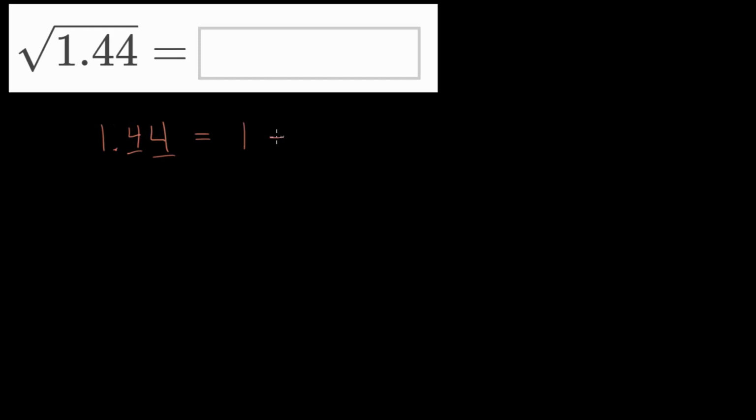We can write that as 1 plus 44 over 100, or we can even combine the 1 into this fraction, since we effectively have 144 hundredths. And you can see that if you change 1 to 100 over 100 and add these together, the end result is that this number as a fraction is 144 over 100.